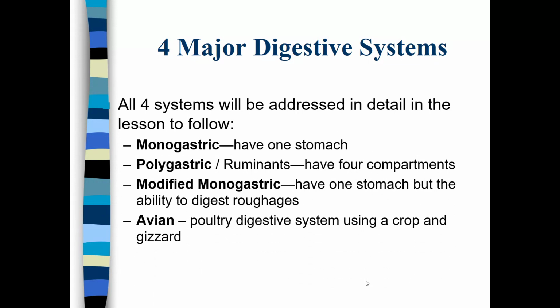We'll study modified monogastrics that have 1 stomach but an enlarged cecum, so they have an ability to digest roughages better than monogastrics. And then finally, we'll take a look at the avian digestive system so that you can understand how the crop and the gizzard help chickens and other birds exist.